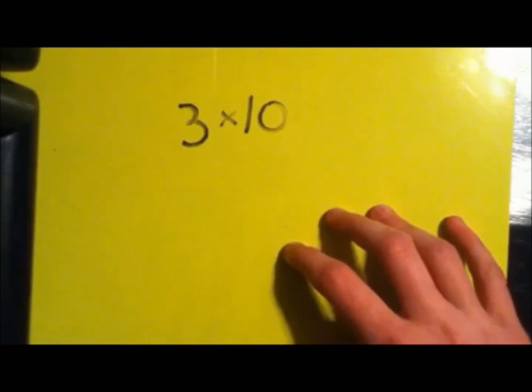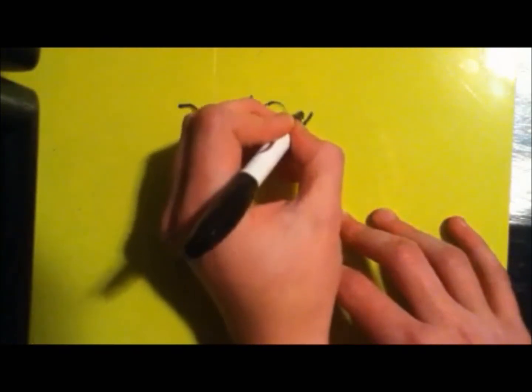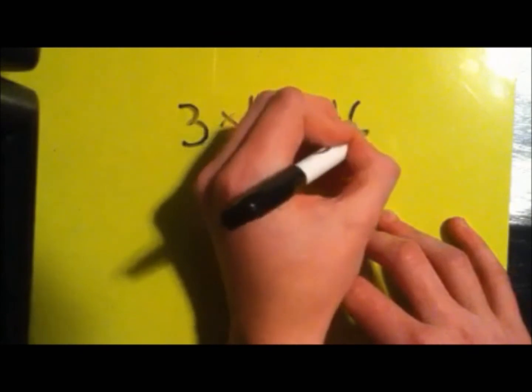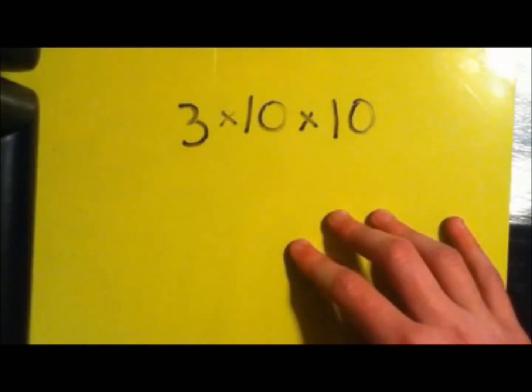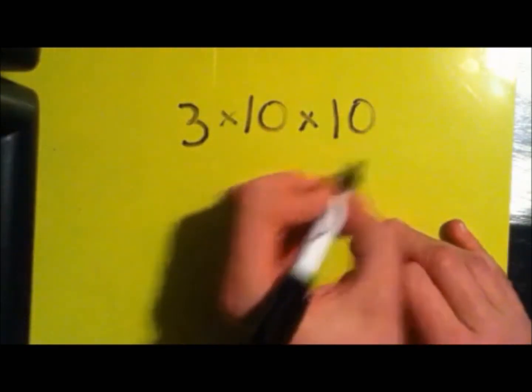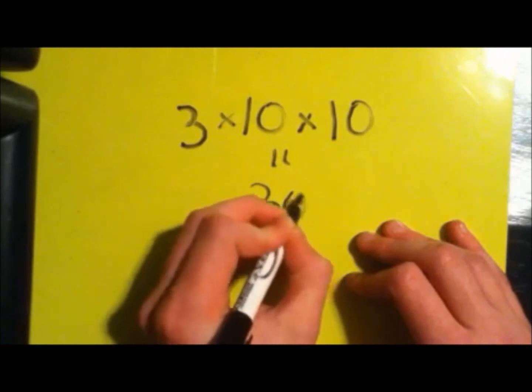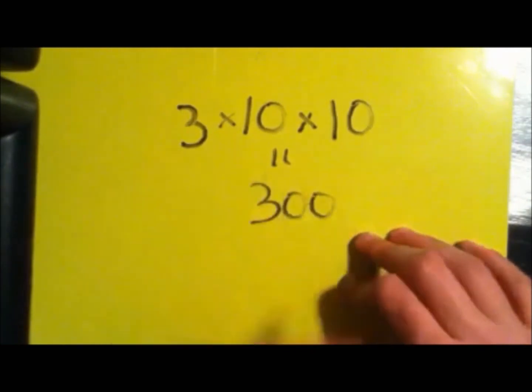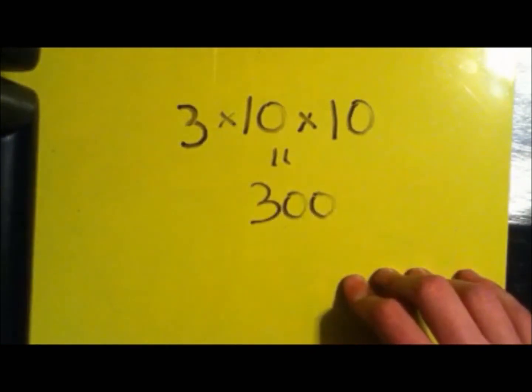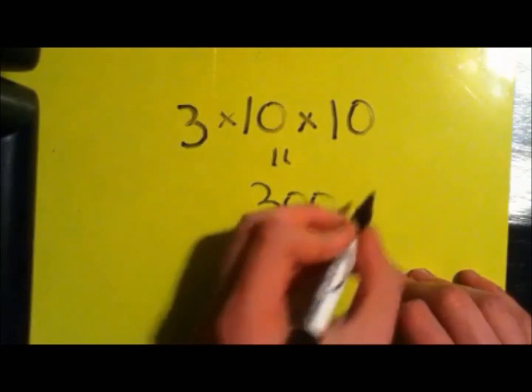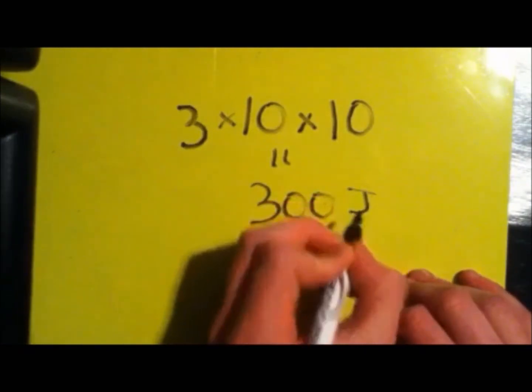Say it's 10 meters off the ground. So 3 times 10 times 10 is equal to 300. And 300 joules is the amount of potential energy that the flower pot has.